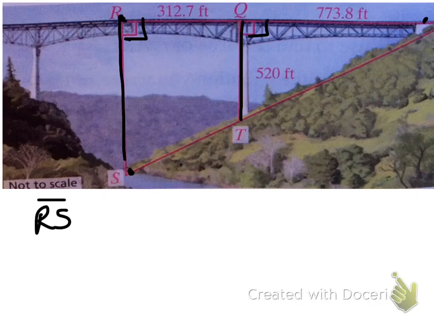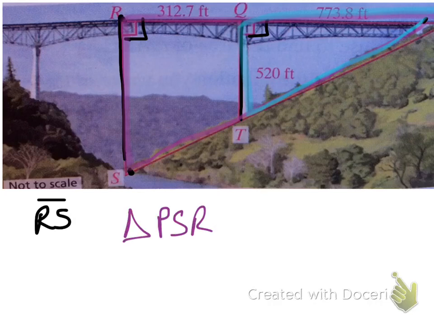So now I have two triangles, triangle PSR, and then I have this smaller triangle, triangle PTQ.